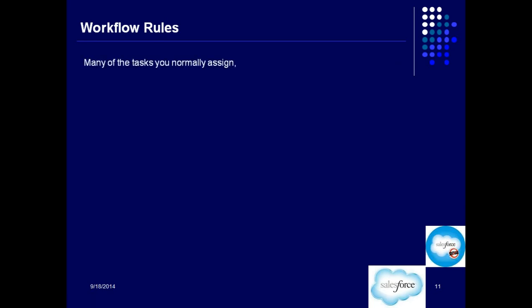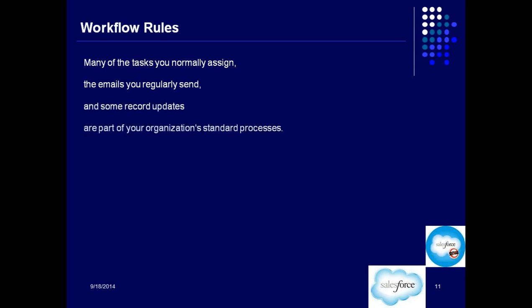Okay, so let's understand what is a workflow rule actually. Many of the tasks you normally assign, the emails you regularly send, and some record updates are part of your organization's standard process, right?